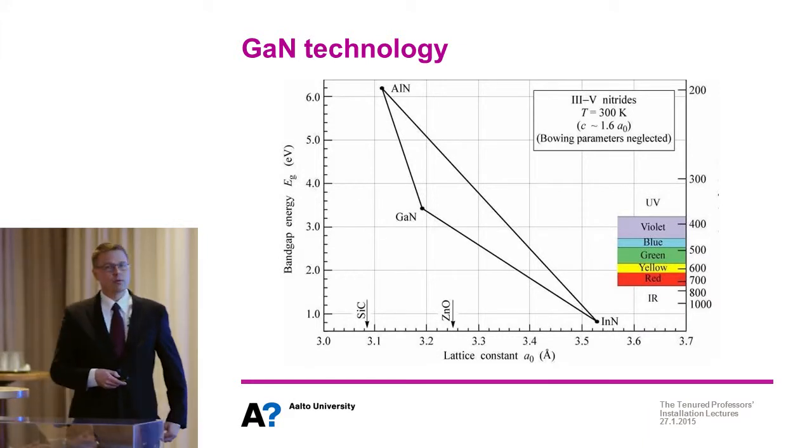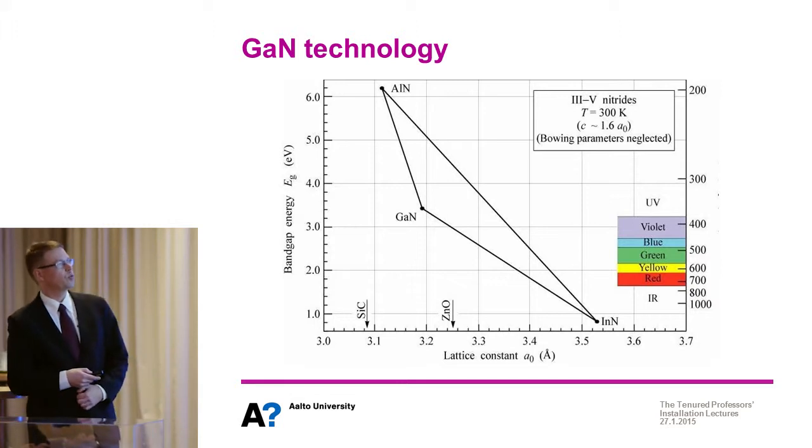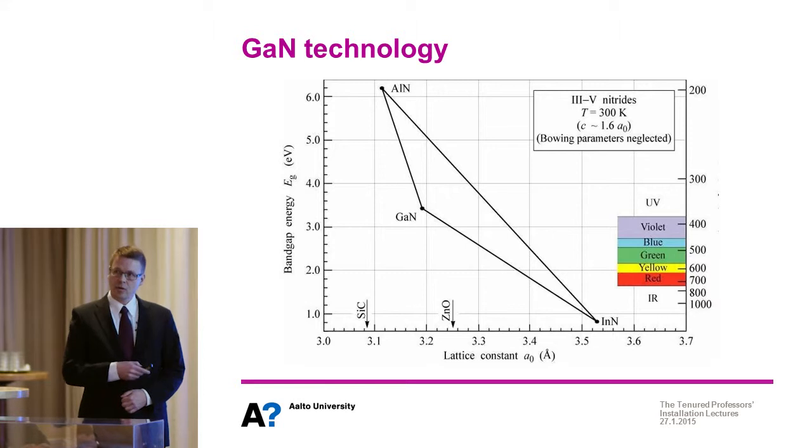So for visible light applications, the best materials group is nitrides. Materials based on gallium nitride and indium nitride cover the whole visible spectrum.